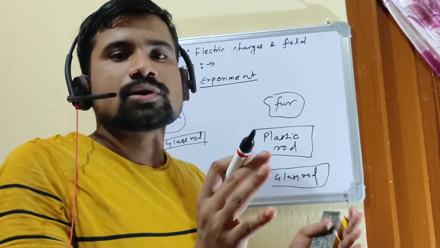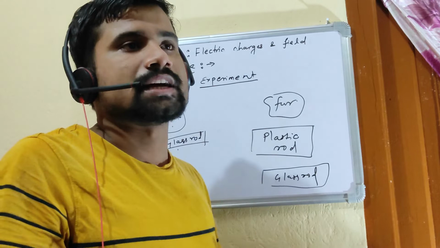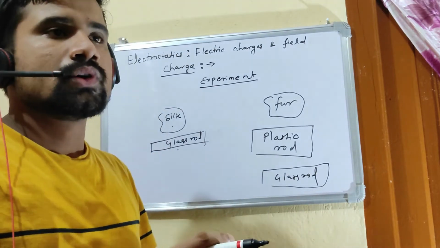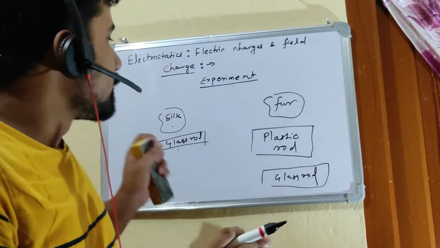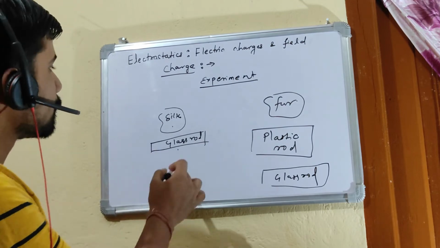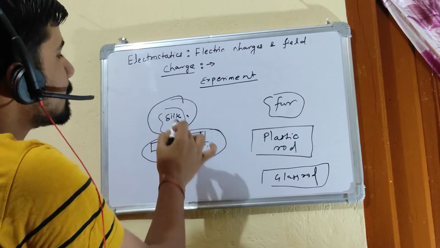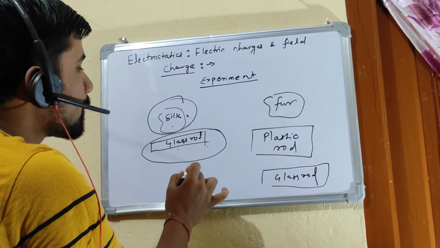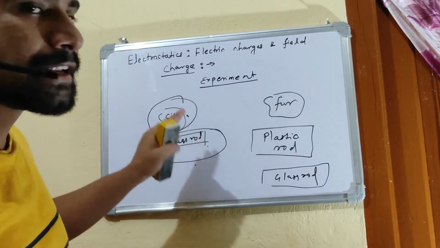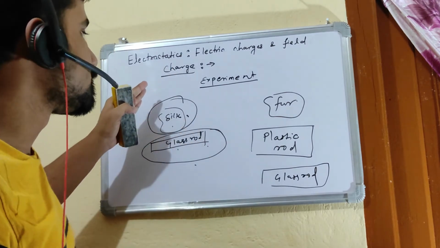So one is positive charge and another is negative charge, which we all know. Let's say when a glass rod is rubbed with silk, it develops one type of charge, and silk develops another type of charge.